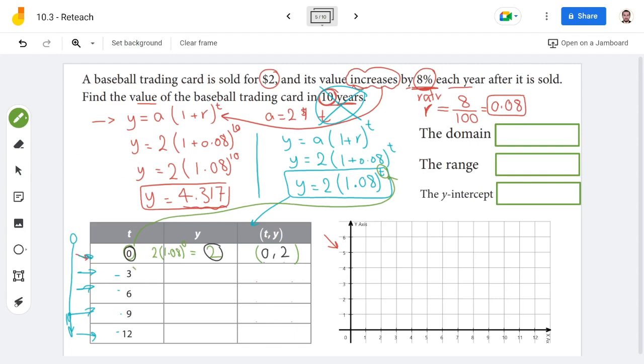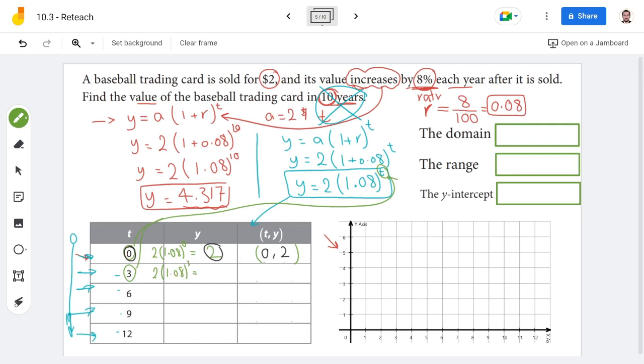Now, let's test 3. You do the same thing. You have to replace it with the t, so it will be 2 times 1.08 to the power of 3.